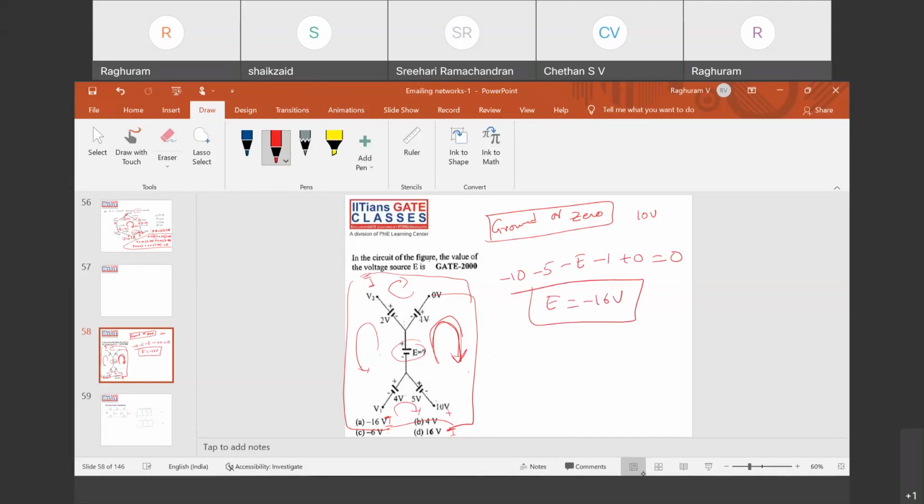Clear? I can apply KVL here and find V1, then KVL here and find V2, and then apply KVL here and find E. The other way is, because in this loop I have all the other values, it's easier to take this loop and find the value of E, minus 16 volts.